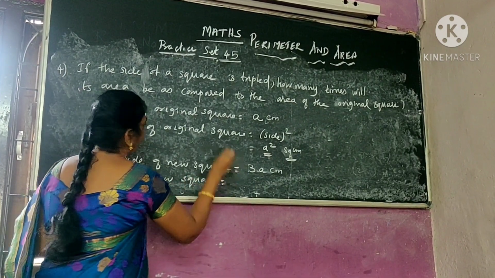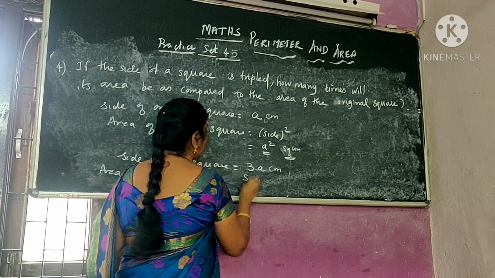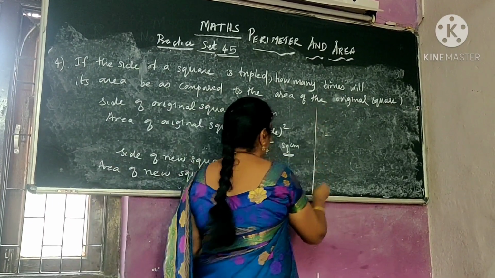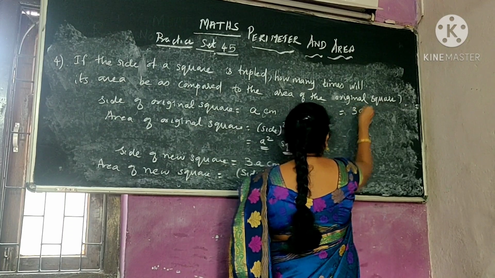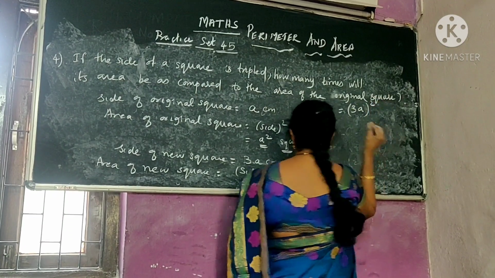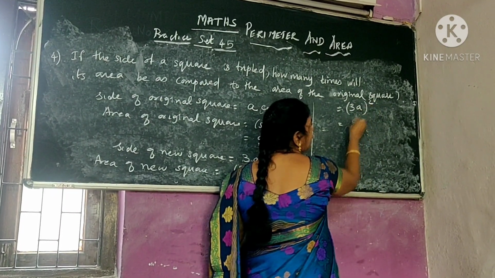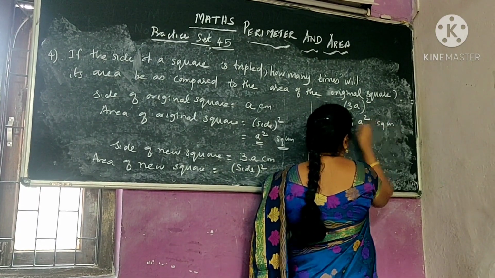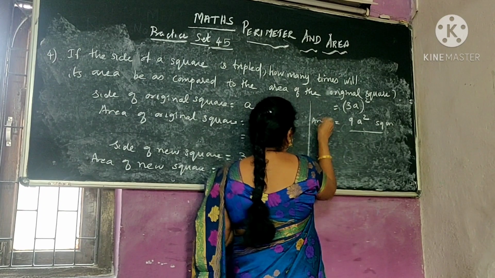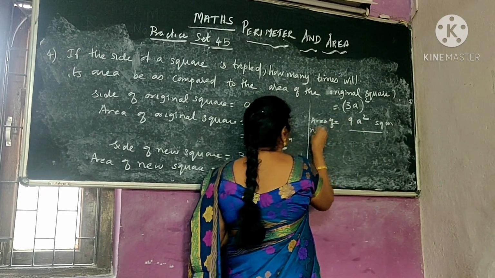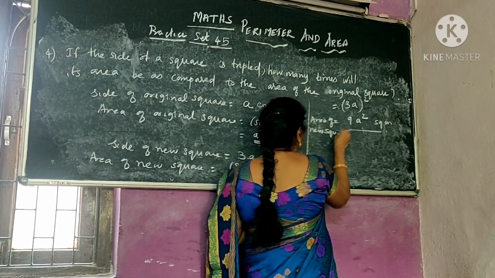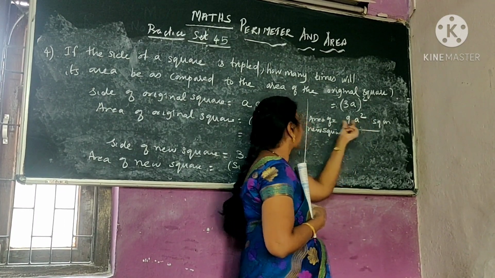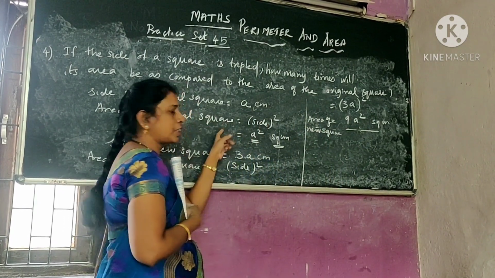Area of the new square, again we know the formula, is side square. What is the side now? It is 3a, the whole square. 3 square is how much? 9a square, square centimeter. So the area of the new square is 9a square. That means a square is the area of the original square.